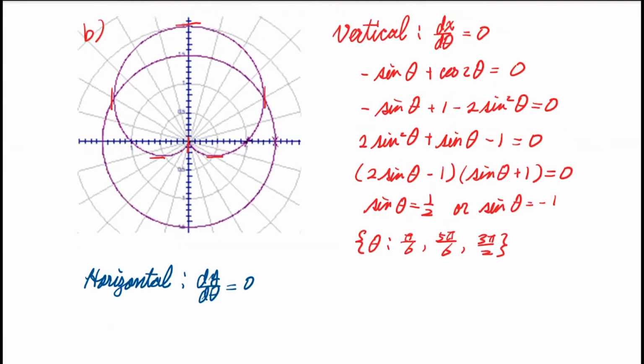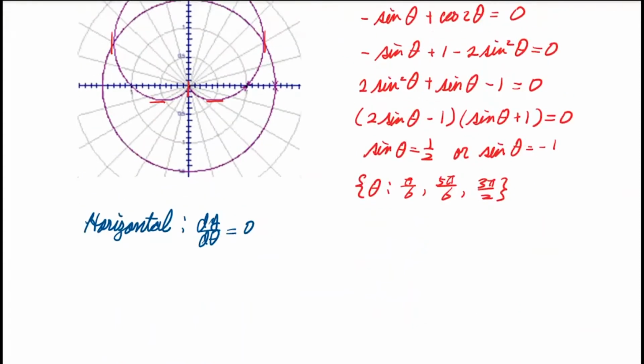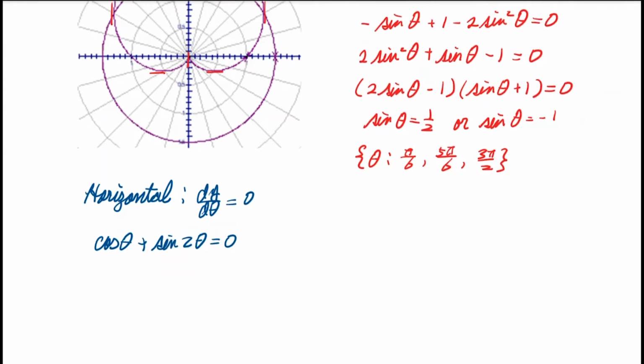So this one is cosine theta plus sine 2 theta is equal to 0. Good. Okay, we know how to do that. Cosine theta plus, we have to convert this back to 2 sine theta cosine theta, is equal to 0.